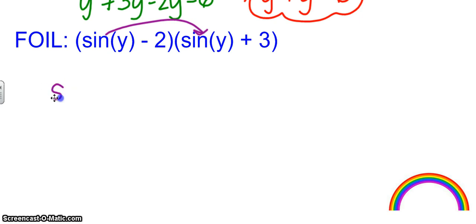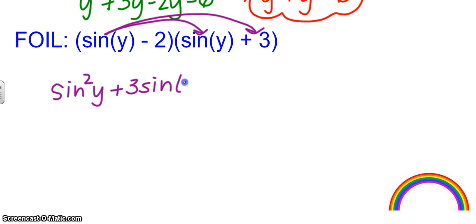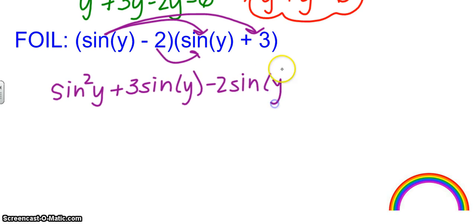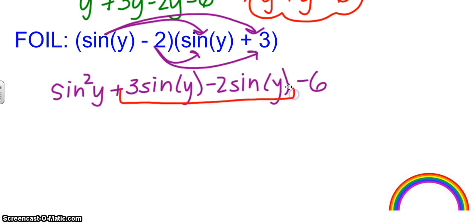So we'll say first, outside, inside, and last. So minus 6. These ones are just signs. They don't have a square on them. So we can combine like terms just like we would in algebra.